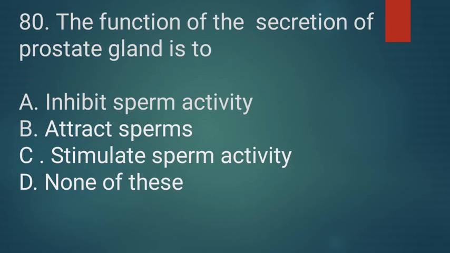Next question. Question number 80. The function of the secretion of prostate gland is to. Options are option A, inhibit sperm activity, option B, attract sperms, option C, stimulate sperm activity, option D, none of these.